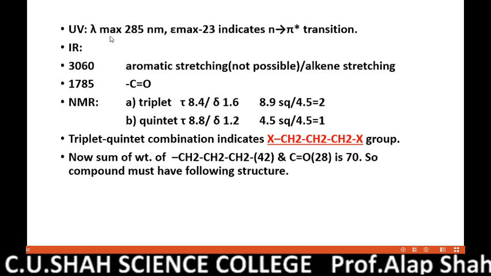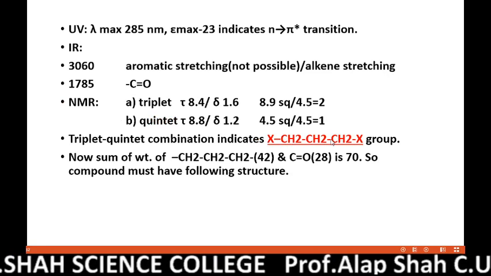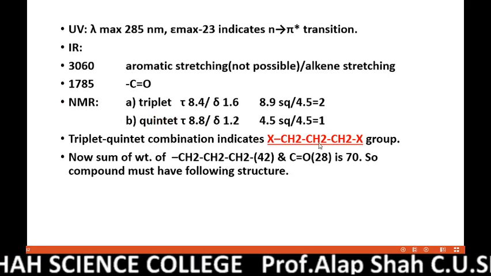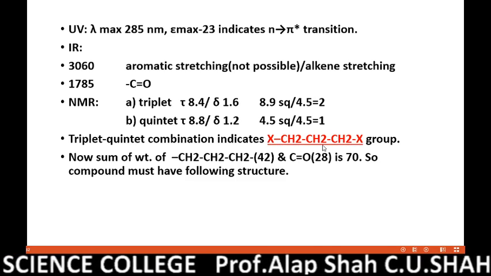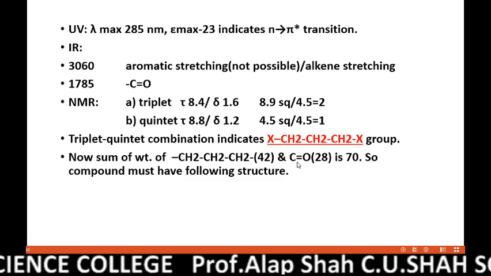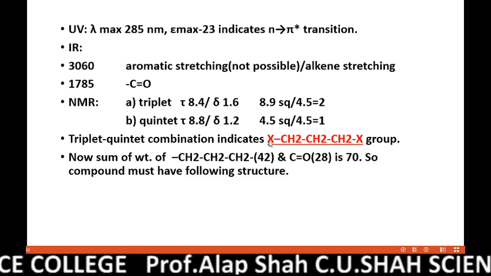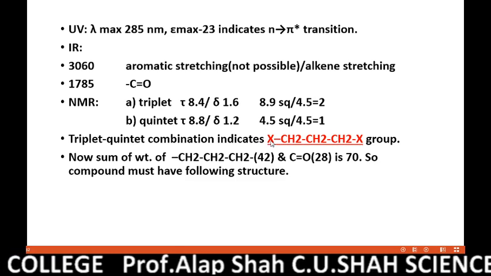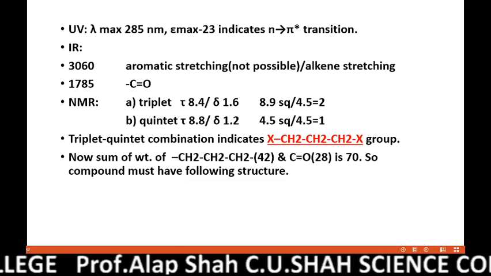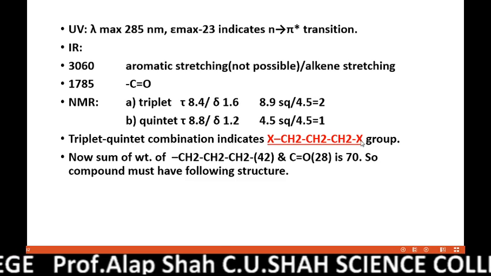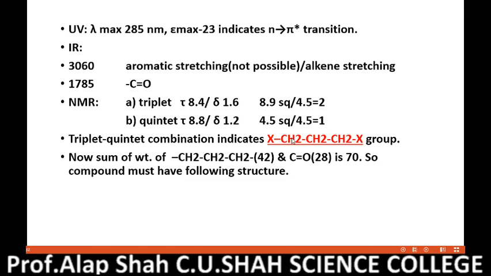So now what to do? Because these two protons are the same, and as I said, both must have the same group, and only the part left is a carbonyl. So we cannot put carbonyl here, because then the valency of this carbon as well as this carbon won't be satisfied, and 70 is actually justified.